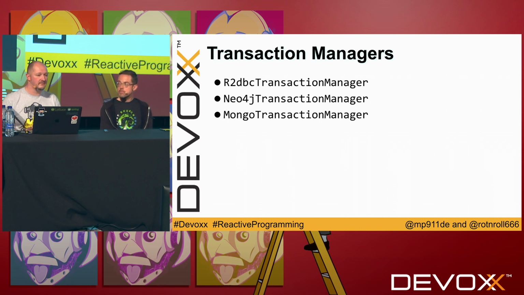So in the imperative part, we have that data source transaction manager. In the reactive part, we have the R2DBC transaction manager. There is a Neo4j transaction manager that takes care of Neo4j transactions using reactive APIs. And there is a MongoDB transaction manager for the reactive MongoDB driver that are already available with Spring Data implementations.